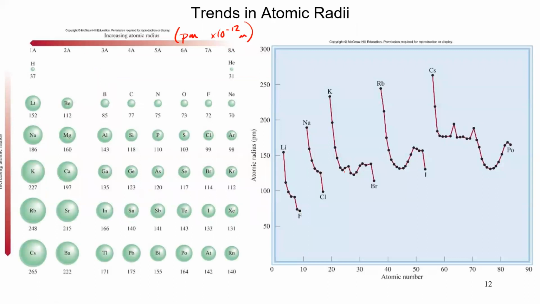And so if we look here, potassium, and then this is calcium. So right here, this third one is scandium, titanium. So this is our transition metals. And the transition metals really don't change a whole lot in terms of their radius as we go across. Okay.